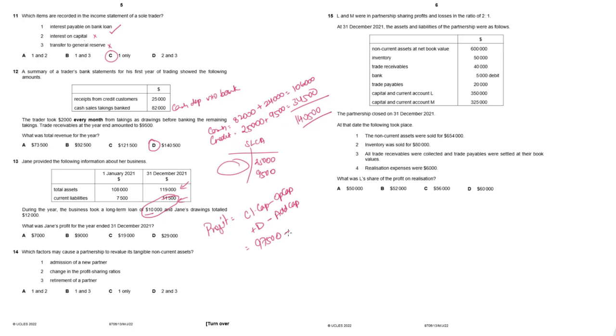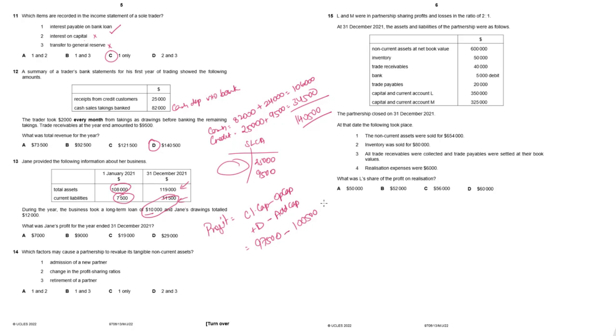From this, we will subtract the opening capital, which is 108,000 assets minus total liabilities. But for total liabilities, I'm just going to consider here current liabilities because there's no information given about non-current liabilities. So the opening capital becomes 100,500.